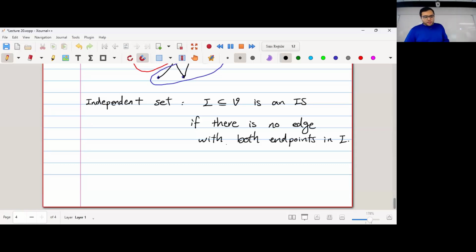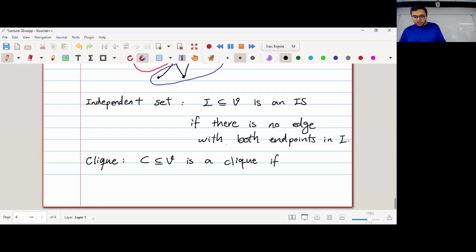And then kind of the opposite of an independent set is a clique. If I have a set C, a subset of vertices, this is a clique if every two of the vertices are connected to each other, every two are neighbors.